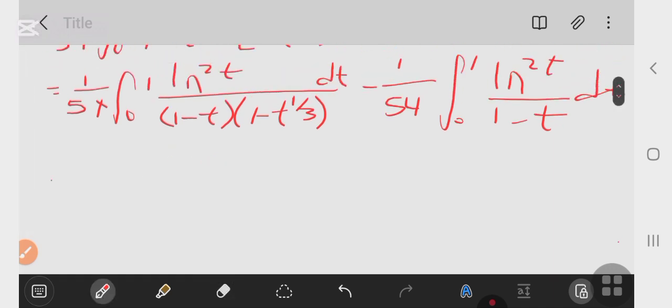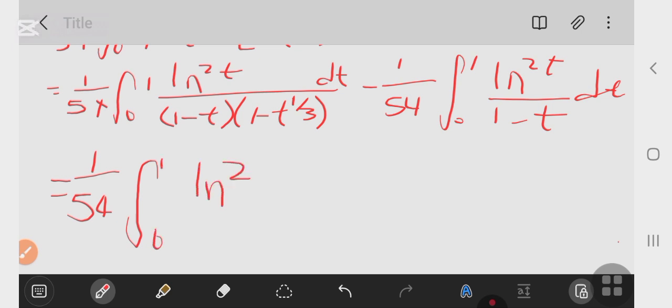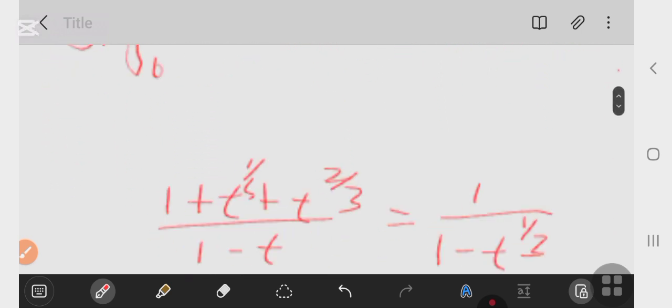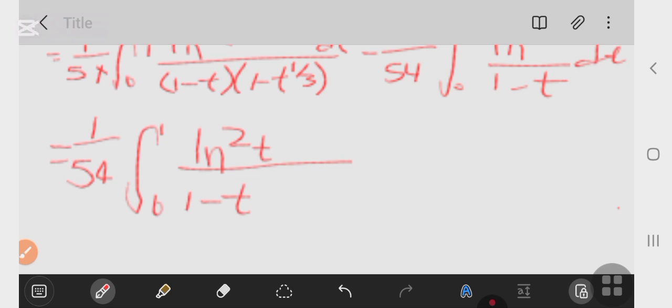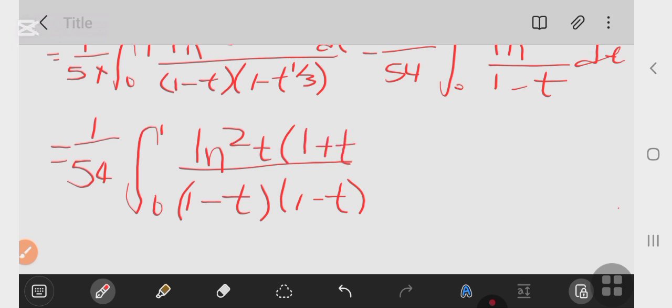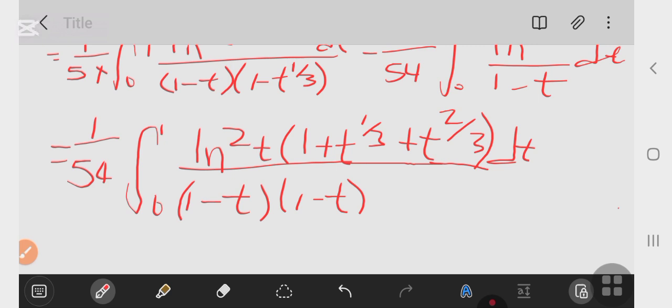Now I have 1 over 54 multiplying the integral from 0 to 1 of ln square t all over 1 minus t, and 1 minus t all into 1 plus t raised to power 1 over 3 plus t raised to the power 2 over 3 dt, which is the same as writing 1 minus t raised to the power of 2.